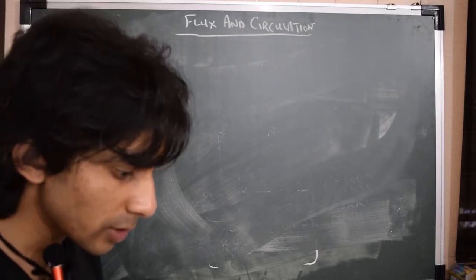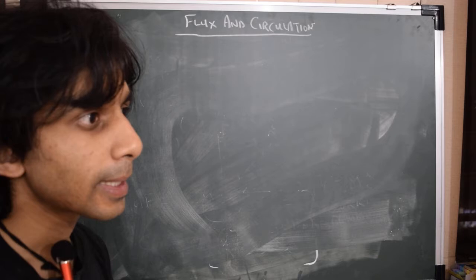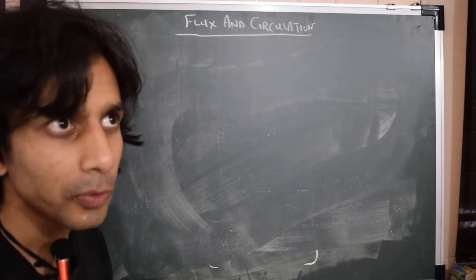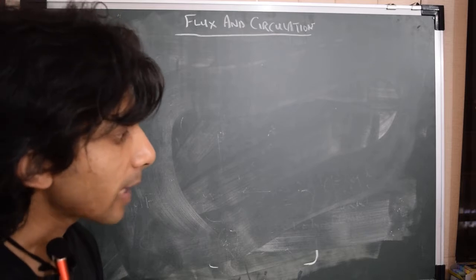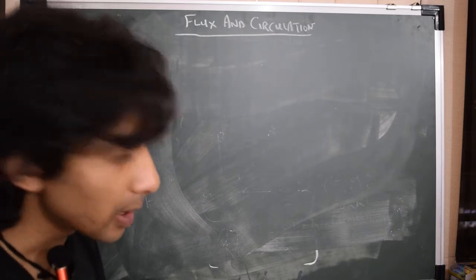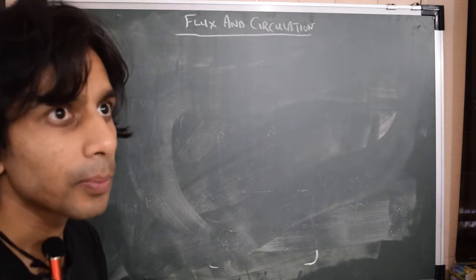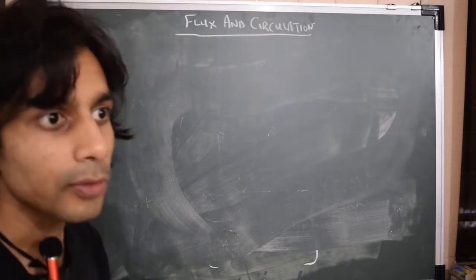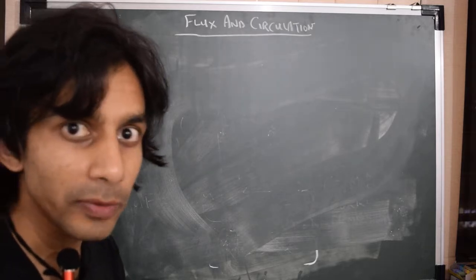So let's remind ourselves of a couple of notions of vector fields, and in particular focus on the two-dimensional case, and this will help us build on the ideas of complex integration, as well as understand complex mappings much more vividly.